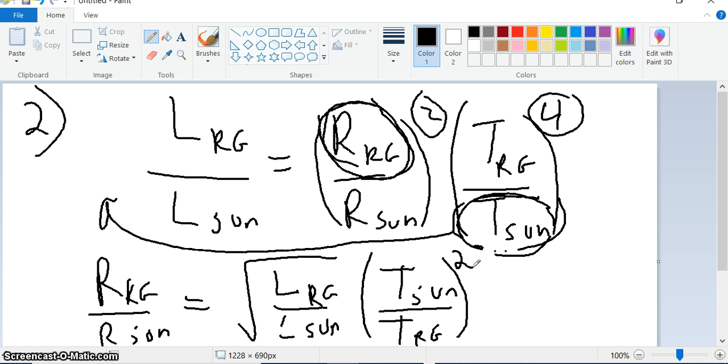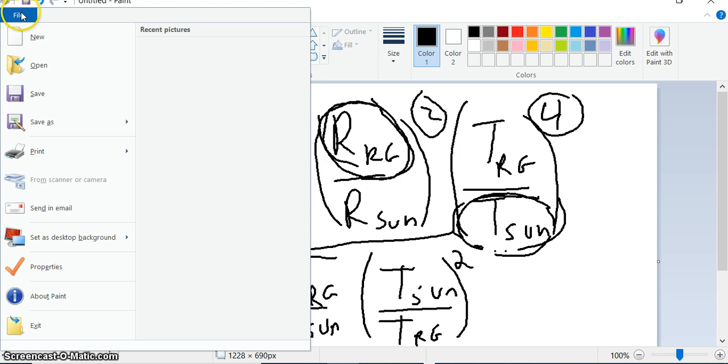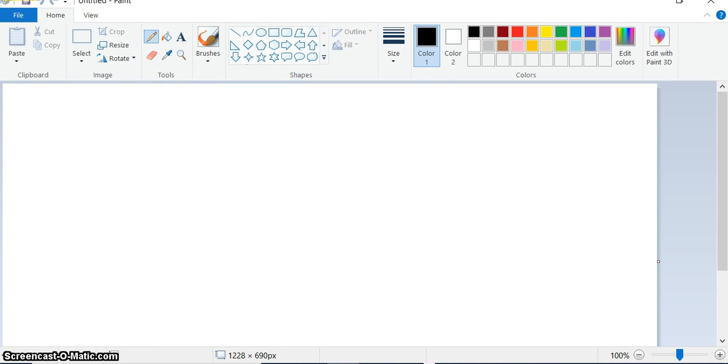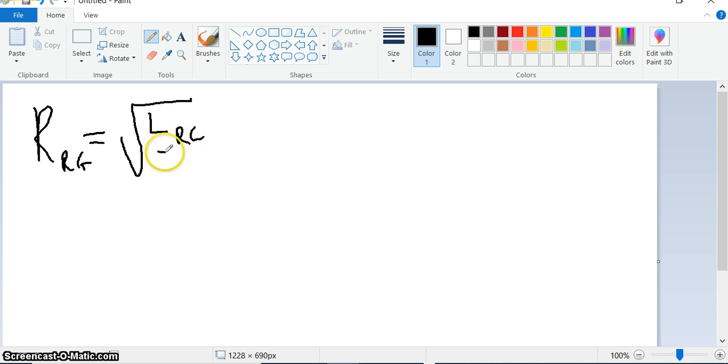So this is the equation we're looking for. I'm going to rewrite that, and then we'll put the numbers in. The radius of the red giant is going to equal the square root of the luminosity of the red giant divided by the luminosity of our sun.